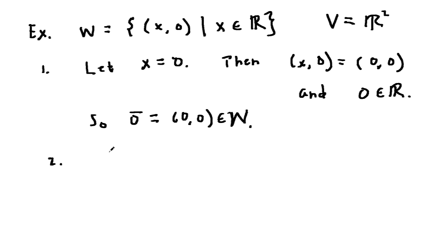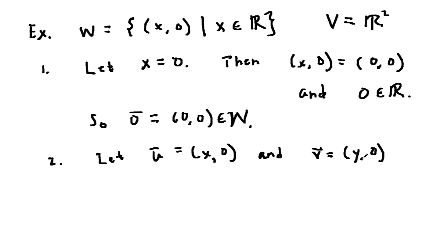Okay, now for the second property, let u be (x, 0) and let v be (y, 0), where x and y are real.